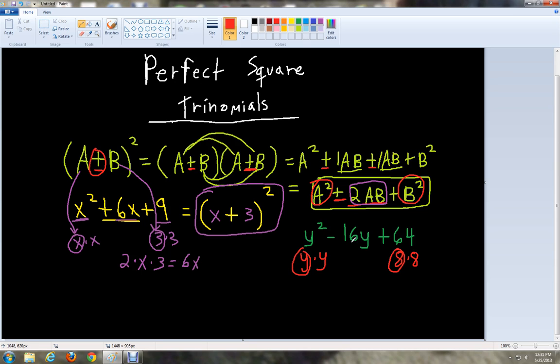So now we need to know, does the middle term 2 times y times 8 equal 16y? 2 times y is 2y, and 2y times 8 is 16y. So yes, this would be a perfect square trinomial.